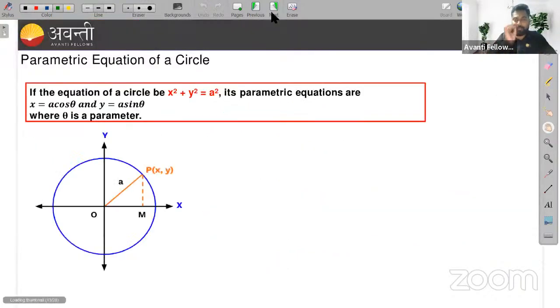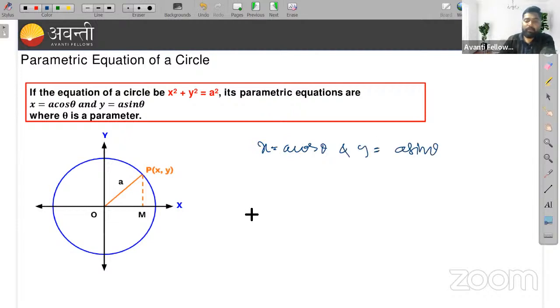Let's move on. Parametric form, parametric equation of the circle. Remember this one, no need to derive all these things; it's a very small derivation. When the circle is x square plus y square equals a square, its parametric equation will be x is equal to a cos theta, and y is equal to a sin theta.